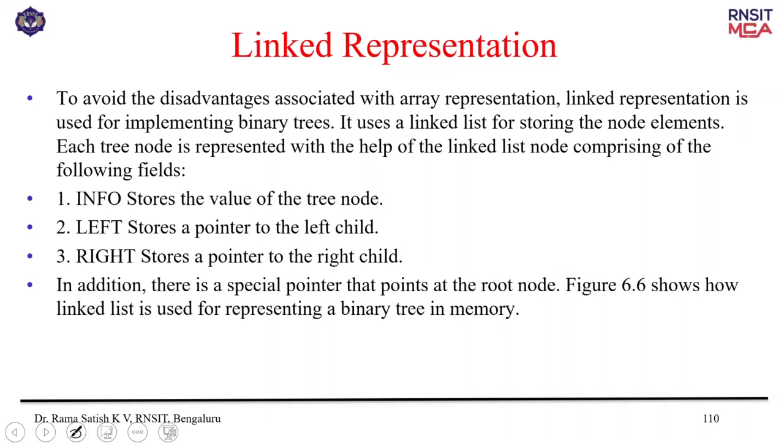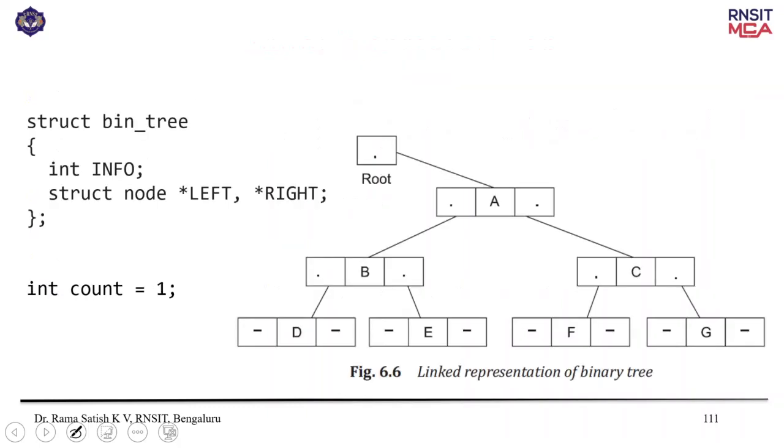So the left link and right link will certainly link to the left child and right child, and info stores the data. In addition to this, you also have a special pointer, the root node, to hold the starting location of the tree.